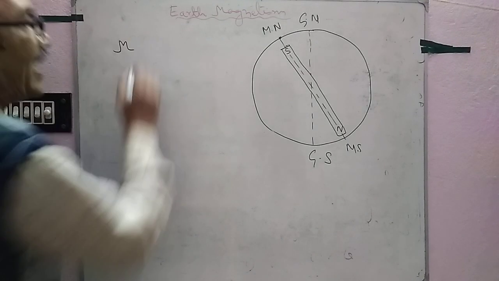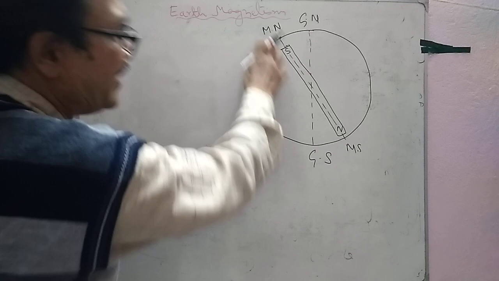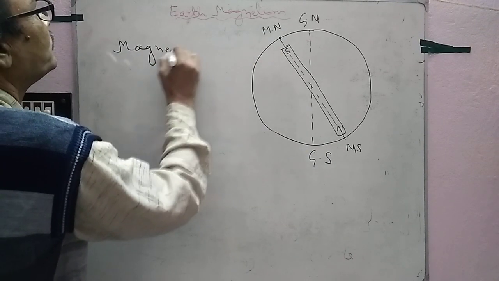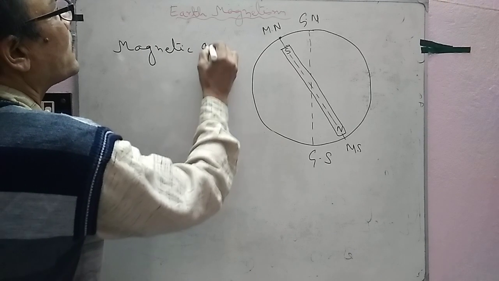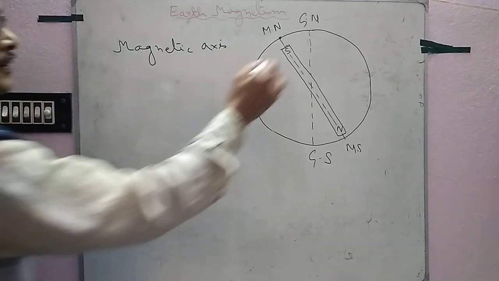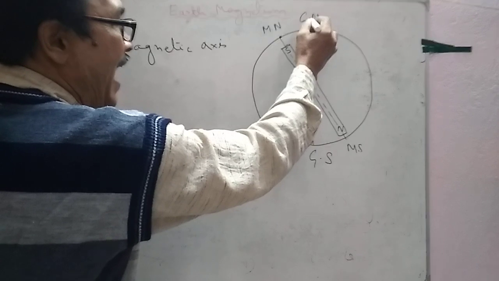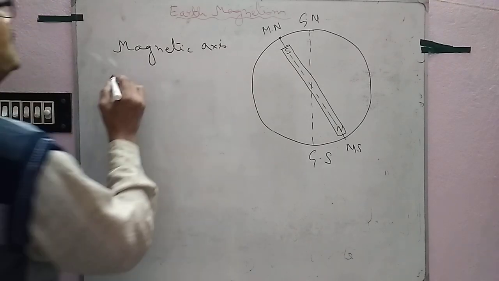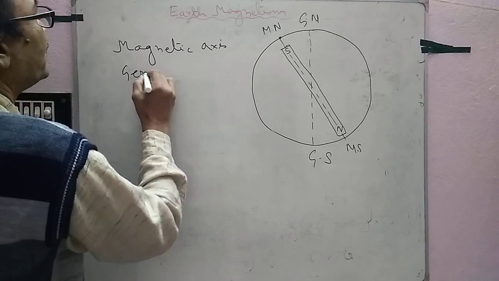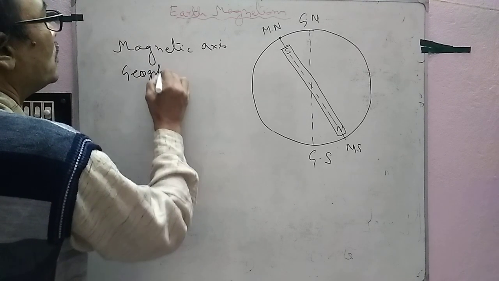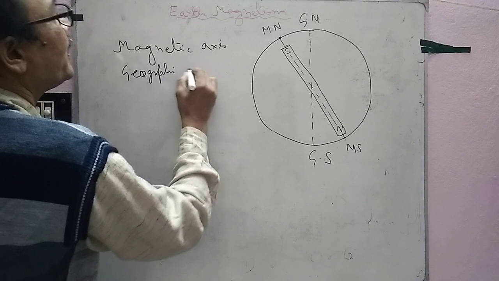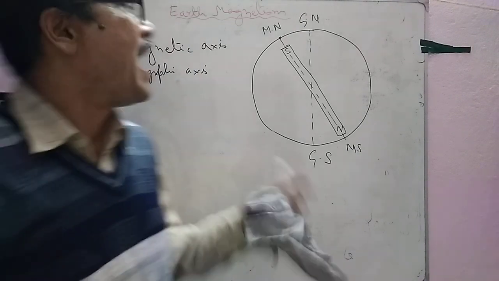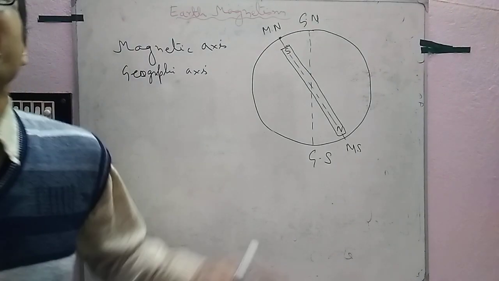So the axis through magnetic north and magnetic south is called the magnetic axis, and the axis through geographical north and geographic south is called the geographic axis. Clear? So the geographic axis and magnetic axis are not in the same line.